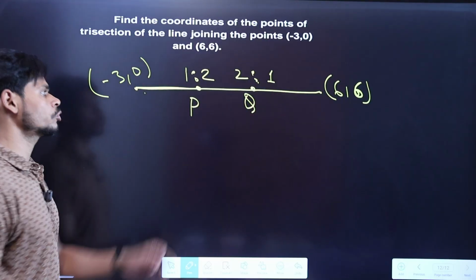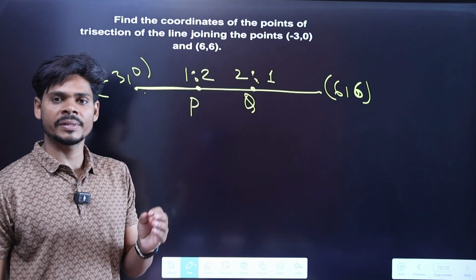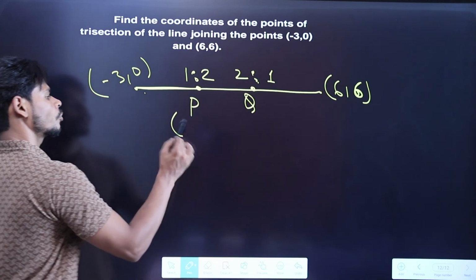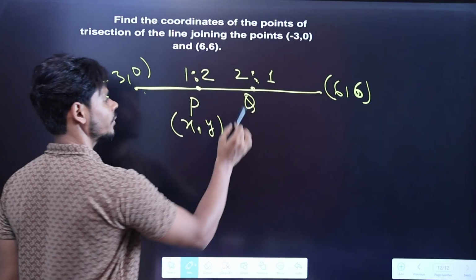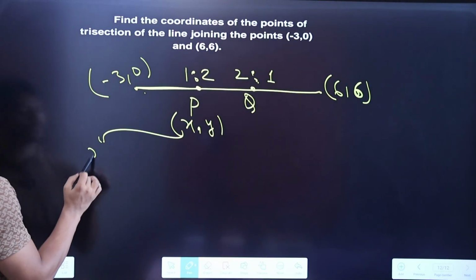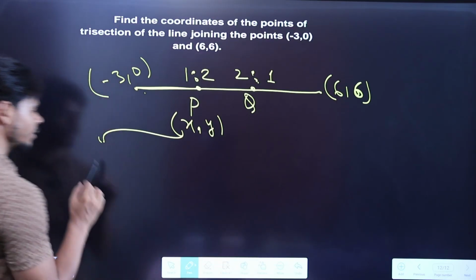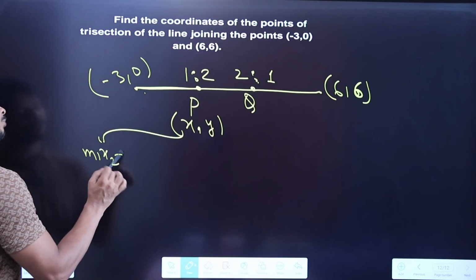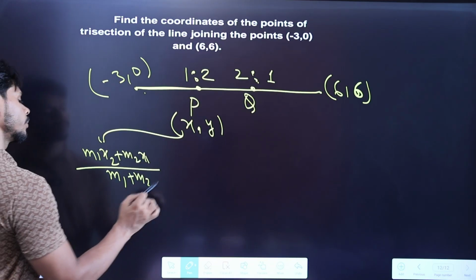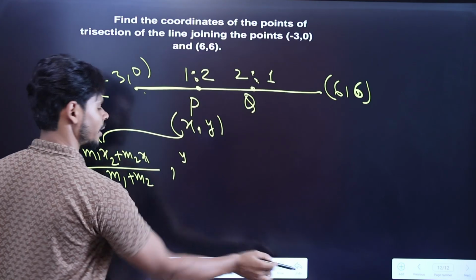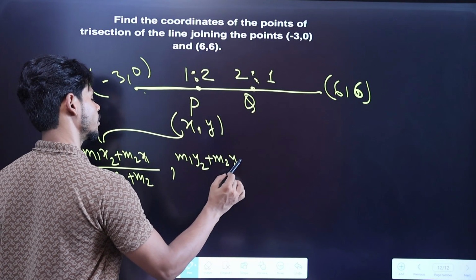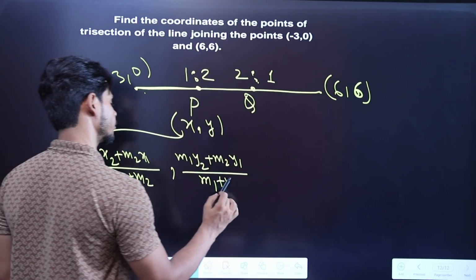So these are the ratios to find the coordinates for the point P and for the point Q. Let's say the coordinate is x and y. Try to apply the formula: m1 x2 plus m2 x1 divided by m1 plus m2, comma m1 y2 plus m2 y1 divided by m1 plus m2.